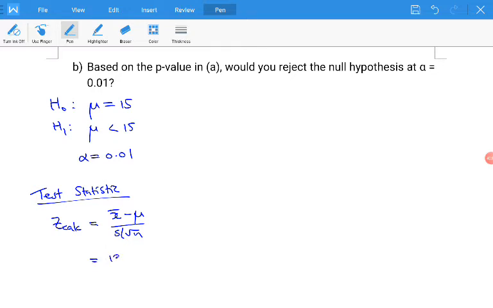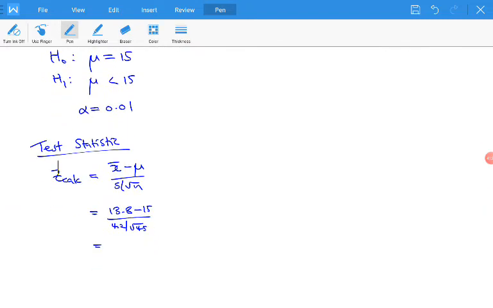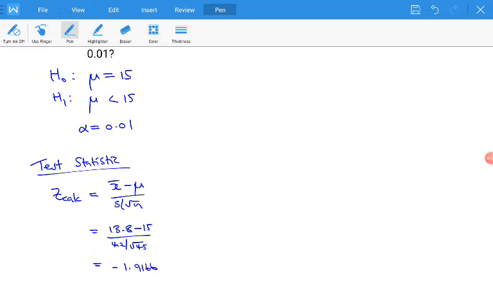This is equal to 13.8 minus 15 over 4.2 over root 45. And this is equal to negative 1.9166.